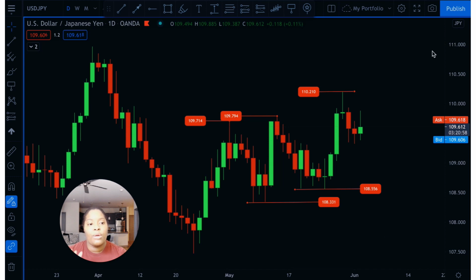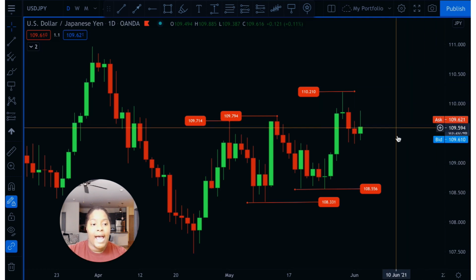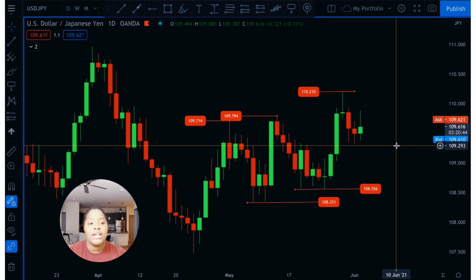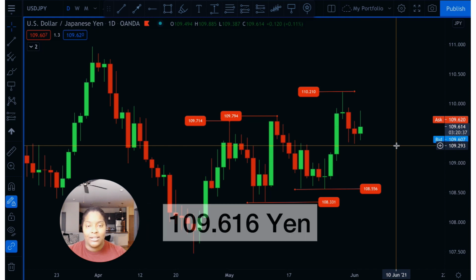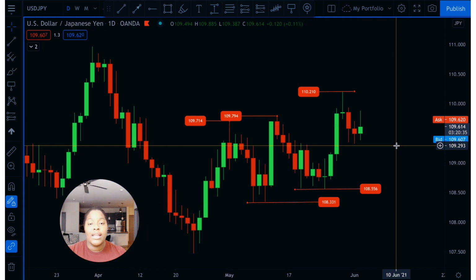And if you look on my price scale over here on the right hand side, you'll see that we have JPY up here, which means we're looking at the Japanese yen currency. And price right now is trading around 109.616 yen. Notice how I didn't say dollar, because I am looking at the Japanese yen currency.